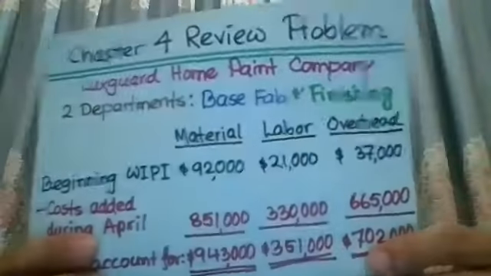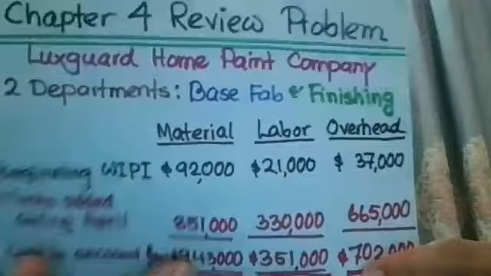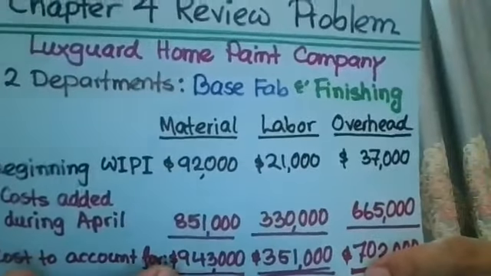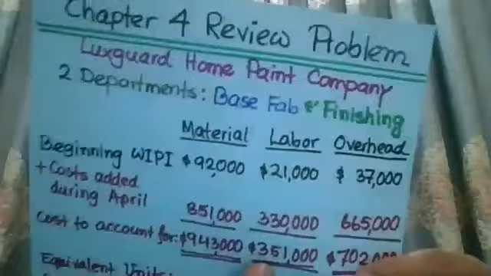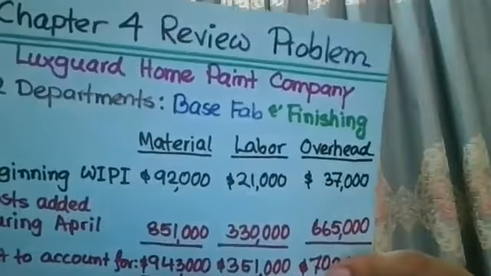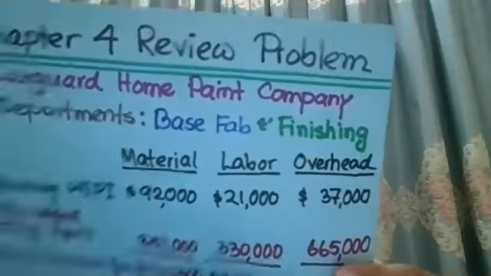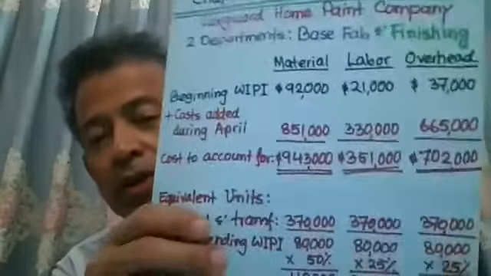So our total cost of material is how much? This is our total cost of material, $943,000, I guess. Yes, $943,000. And then for labor and overhead, the amounts are $351,000 and $702,000 respectively.